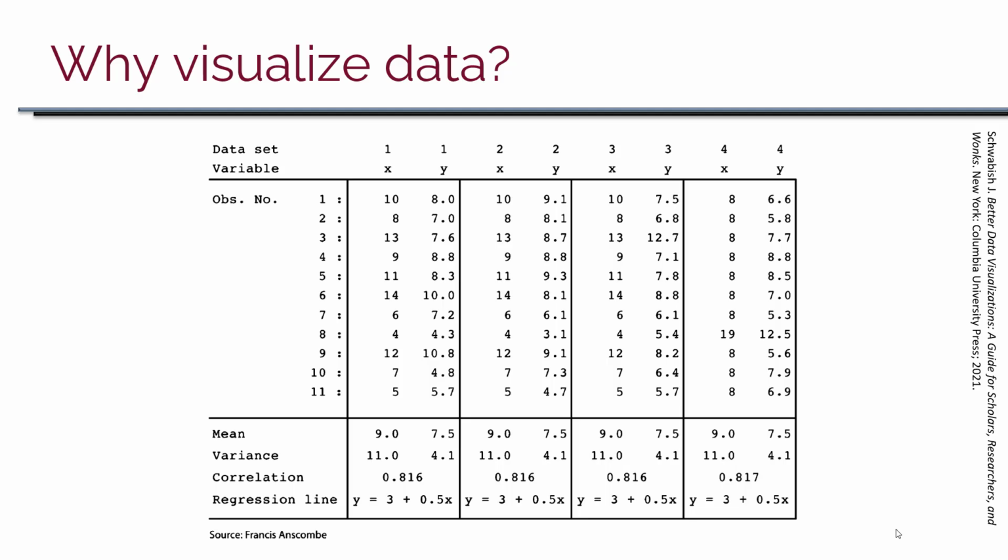So what do you notice? What about correlation? That's the most exciting. Is it the fact that they gave you the correlation, or the fact that the correlation is the same between the 4? The same, right? What else do you notice? Maybe you notice that all the x's are 8 except 1 on the last one.